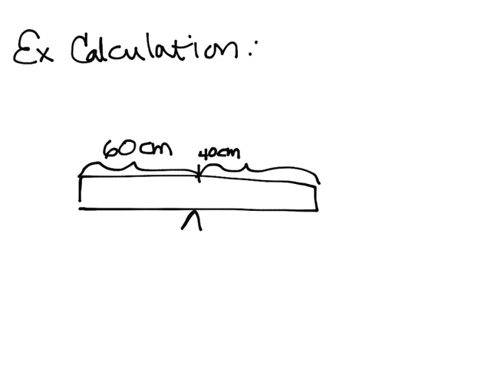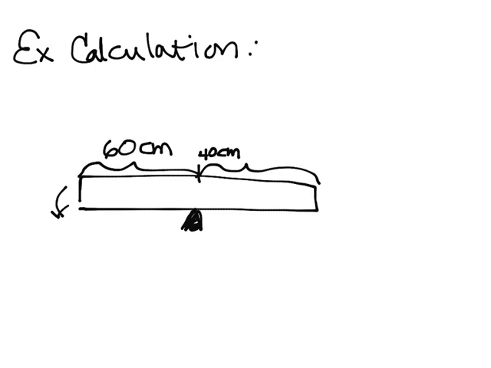Okay, so here's an example calculation. What if I have a meter stick, and the meter stick is positioned so that it's not quite balanced, and so you can probably guess it's going to tip this way.